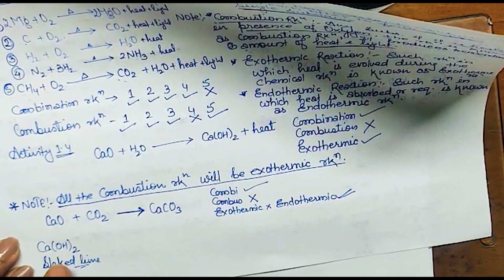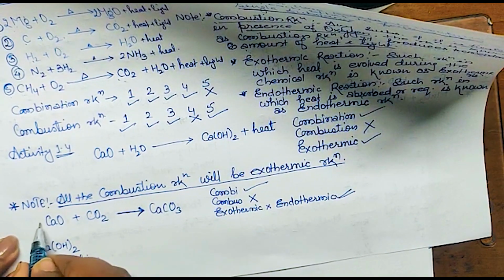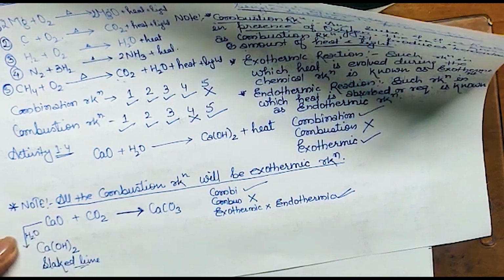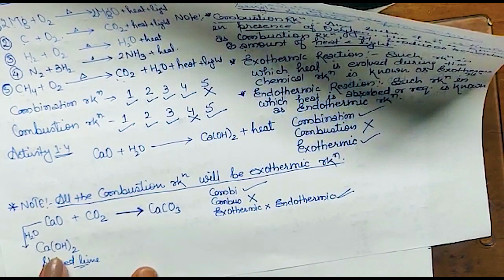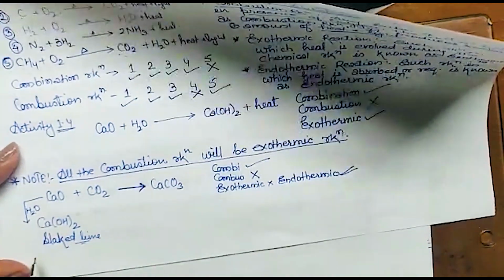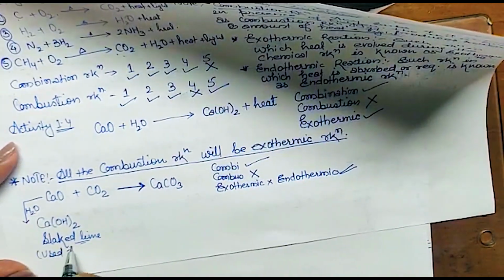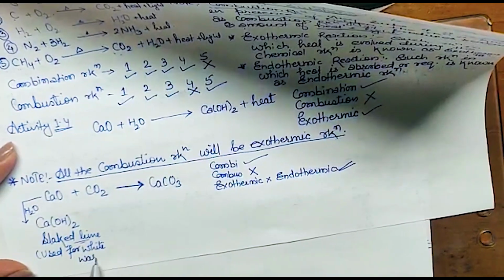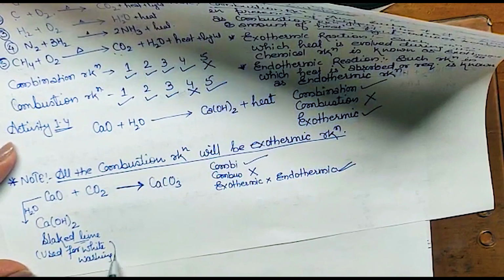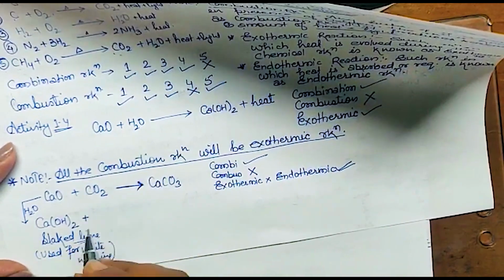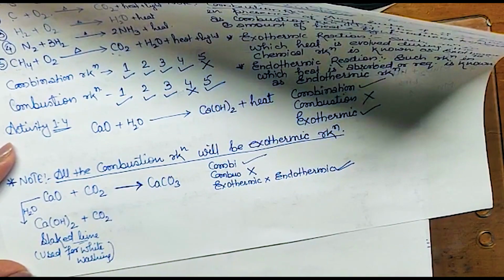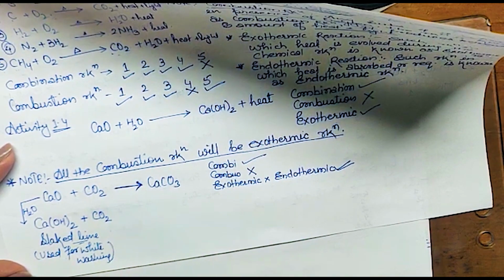So when you dissolve this calcium oxide into water, you will get this calcium hydroxide. So calcium hydroxide is slaked lime and it is used for whitewashing. Got it? So when we do this whitewashing, after 2 or 3 days it reacts with carbon dioxide. It starts reacting from the time we apply this coating, okay? But it gives the result after 2 or 3 days.